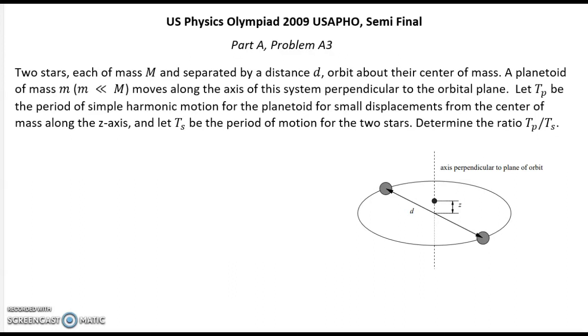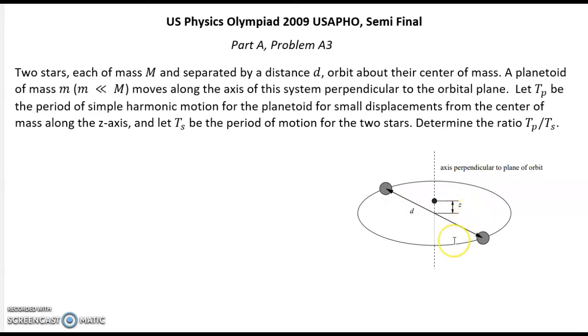First of all, if we look at this picture, we can see that at any moment these two stars rotate in such a way that this planetoid just stays on the z-axis and the force goes exactly in the z-axis, so it's not changing direction, because if you split the force from one star and from the other star, we have only the z direction left due to symmetry.